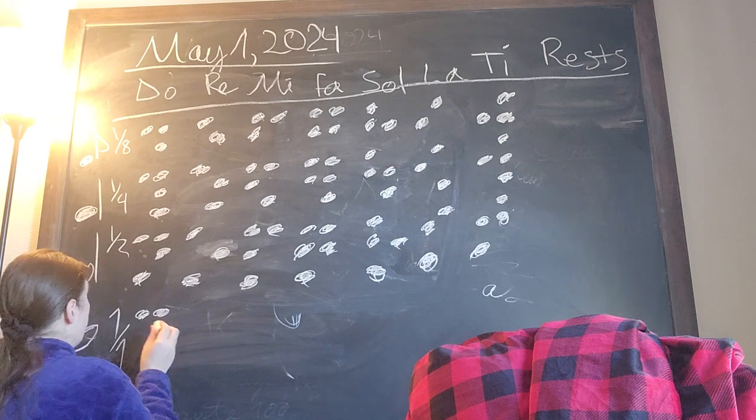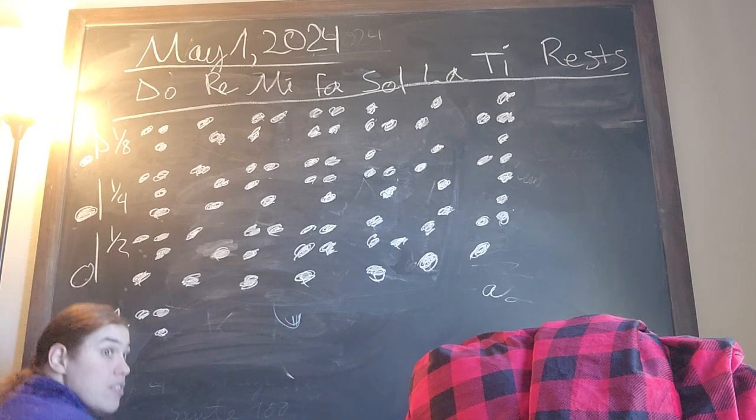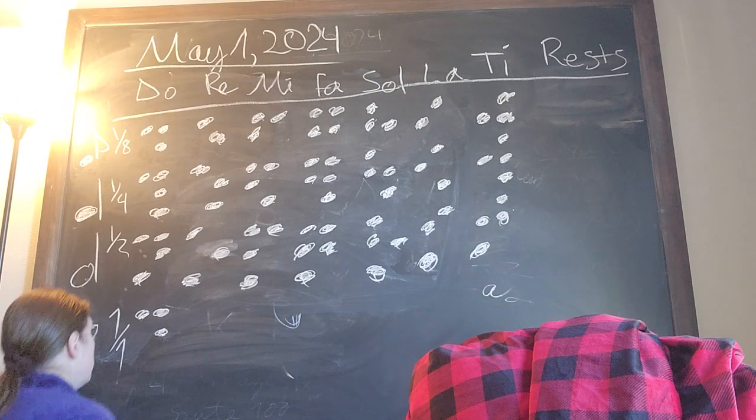And we have used up at least once dot 3 and dot 6. So now we're going to use both dot 3 and 6 together, and that will indicate your whole note.